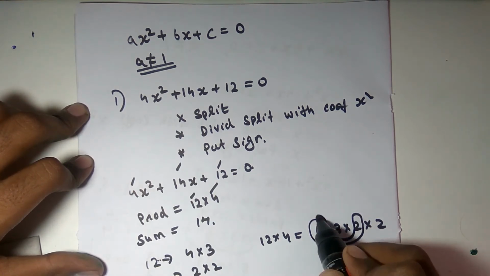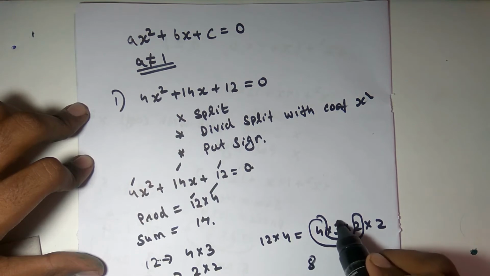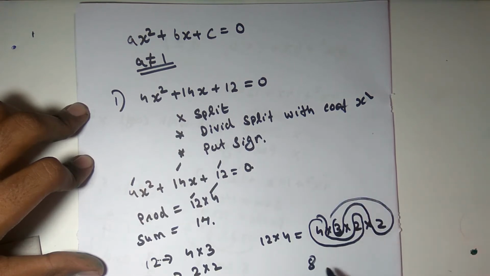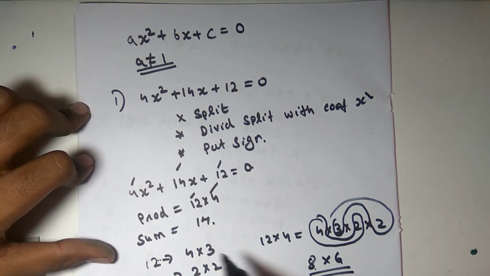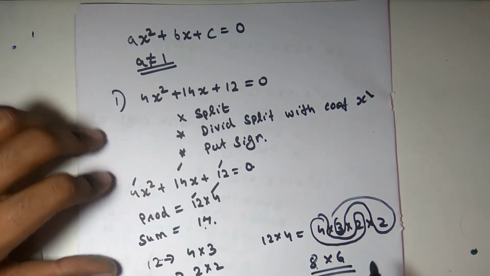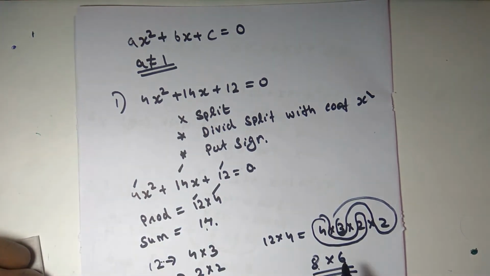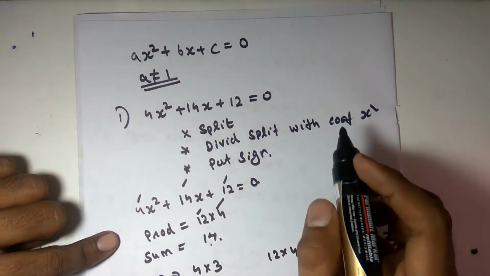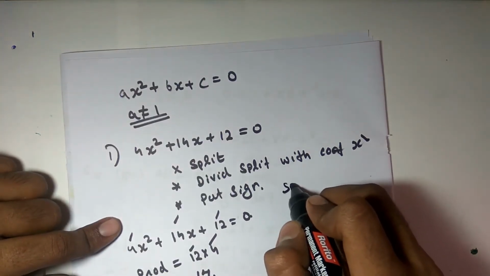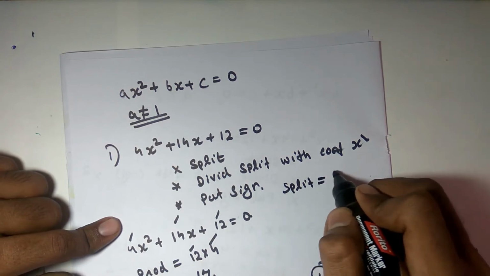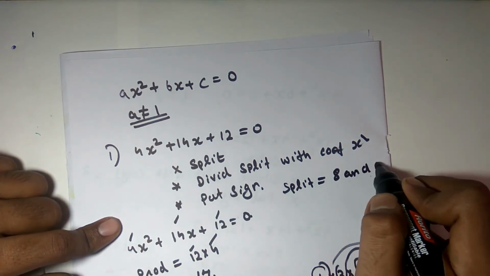So we can make 14 like this: 4 into 2 is 8, and 3 into 2 is 6. 8 and 6 make sum 14 and product 48. So the split is 8 and 6.